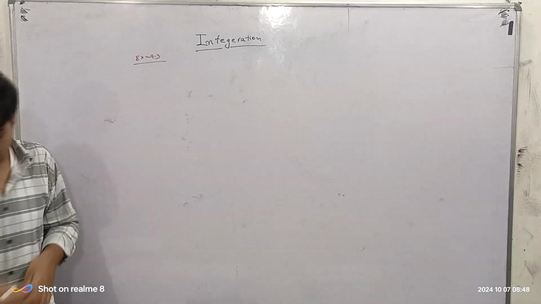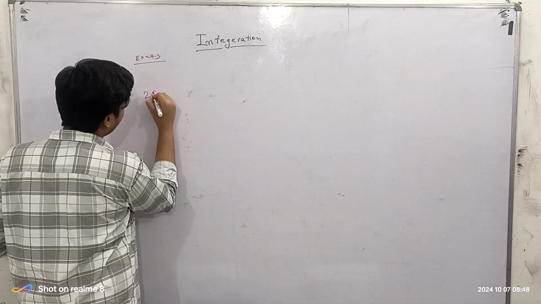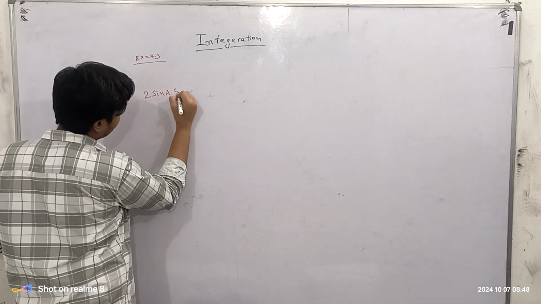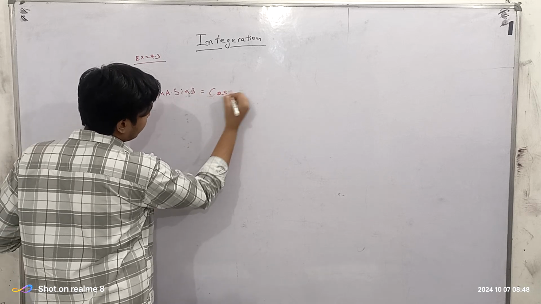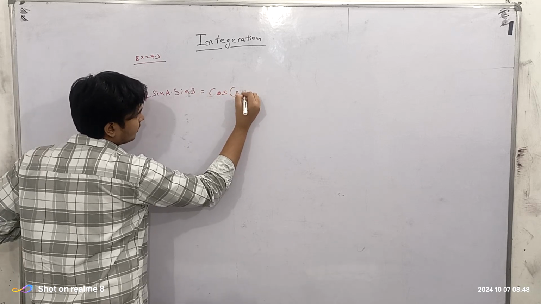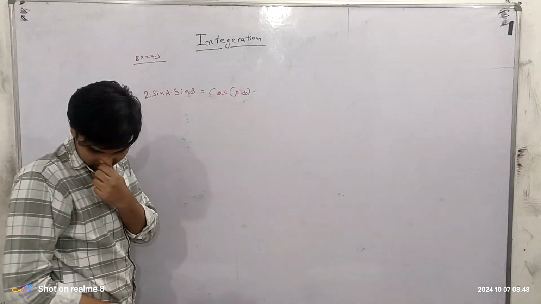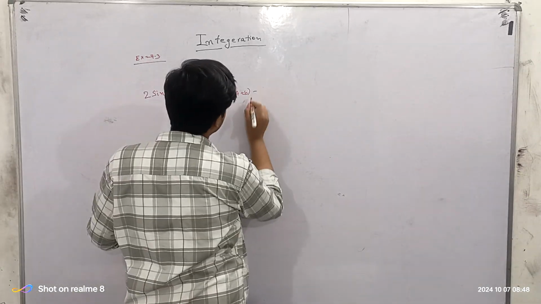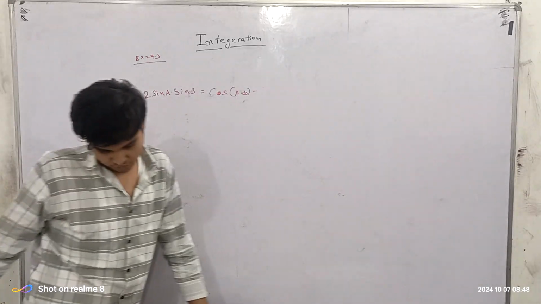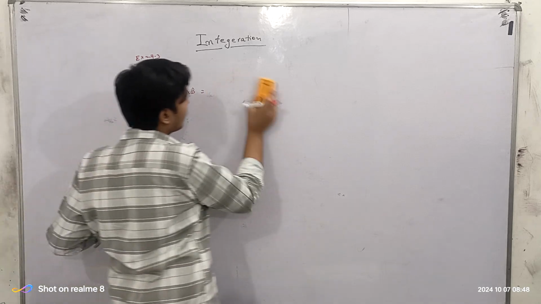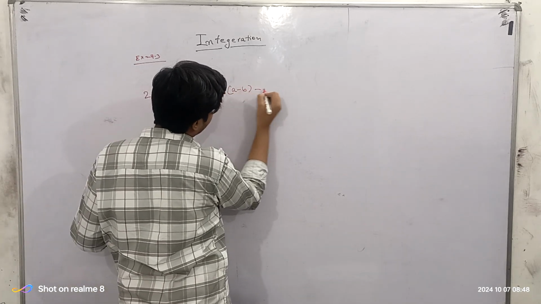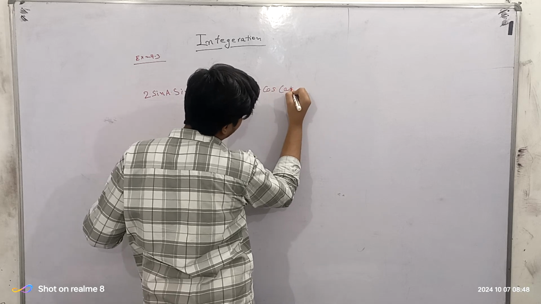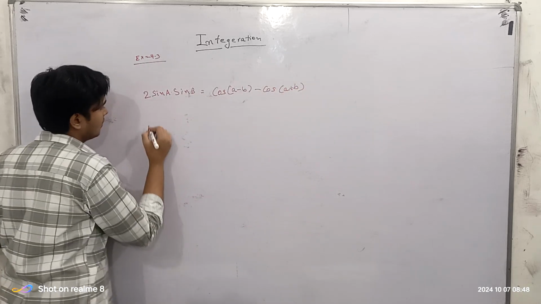First, 2 sin A into sin B is equal to cos A minus B minus cos A plus B. This is the first formula.